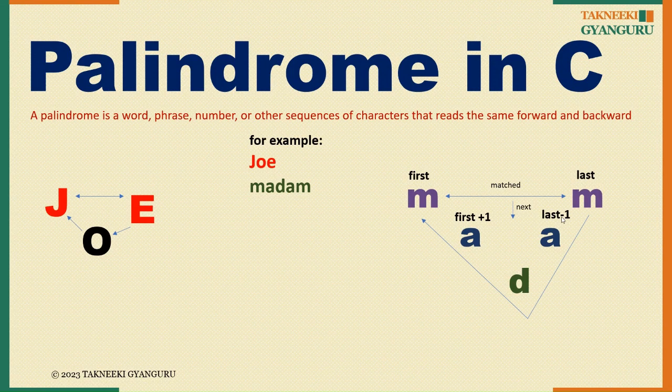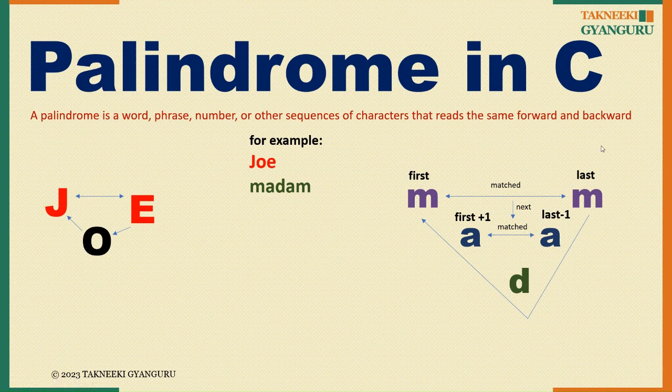Then we'll go to the first plus one letter, that is A, and the last minus one letter, that is also A. It means the first plus one and last minus one also match, so it is still a palindrome. If the first and last don't match, or the first plus one and last minus one don't match, that means this is not a palindrome.